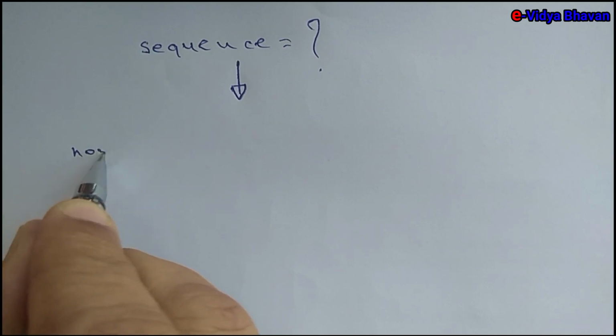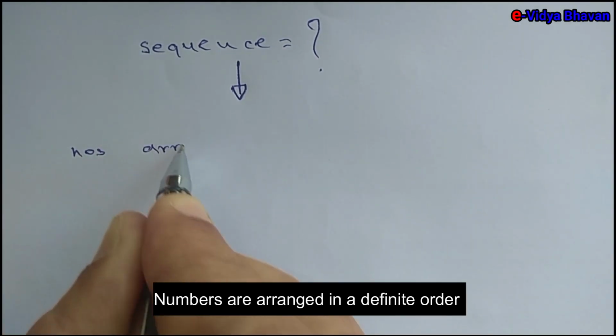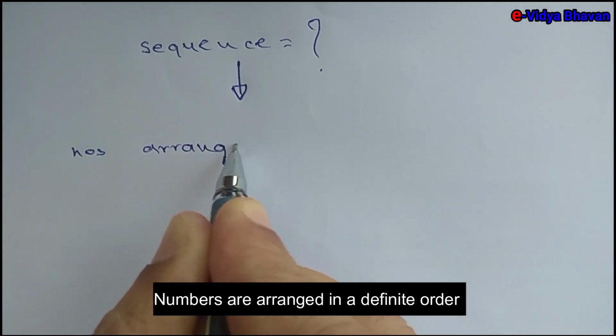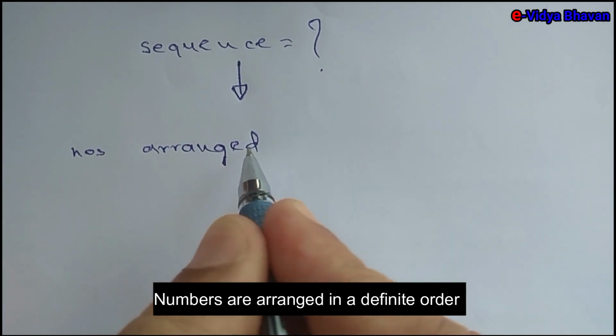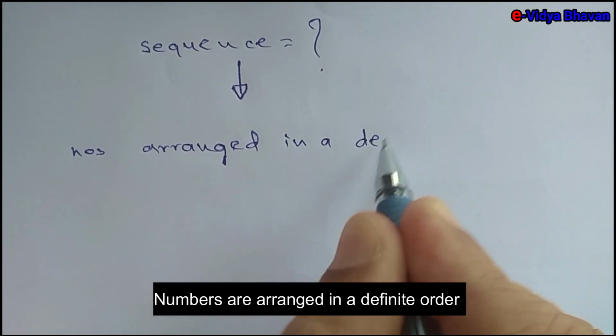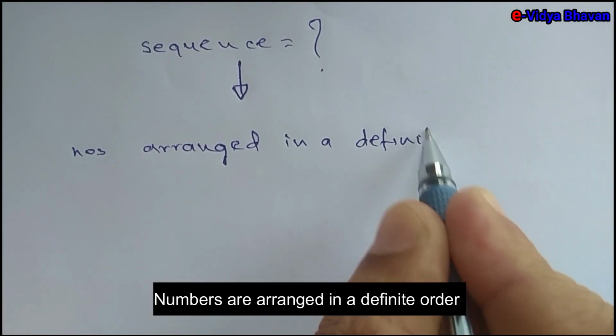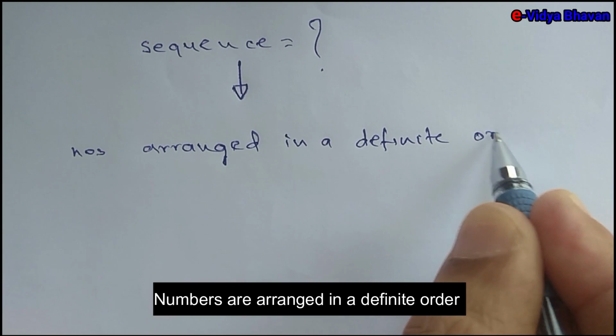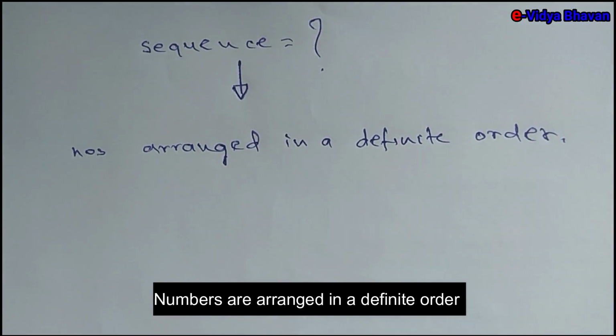Numbers arranged in a definite order. So if the numbers are arranged in definite order, we call it a sequence. We can take an example. All natural numbers are a sequence.